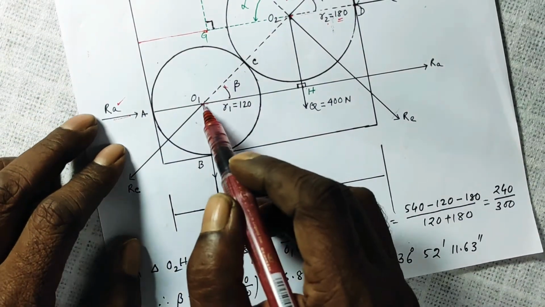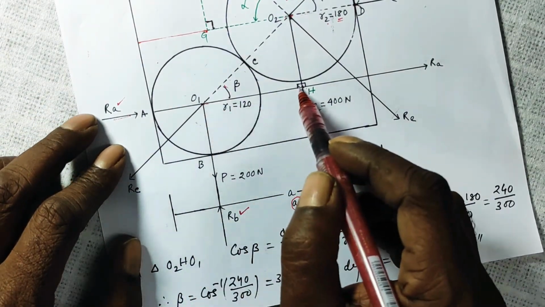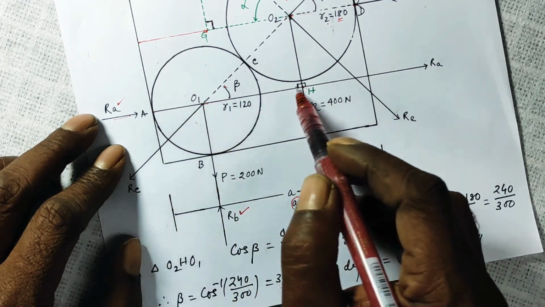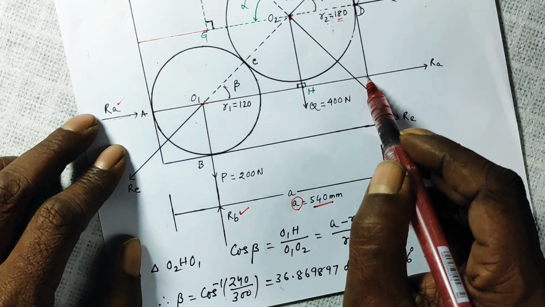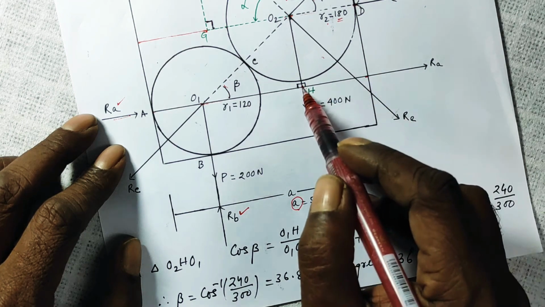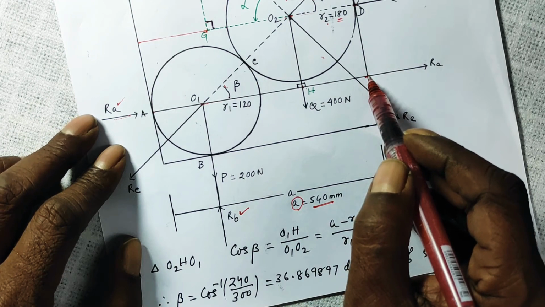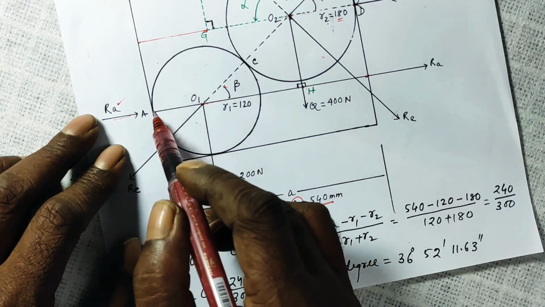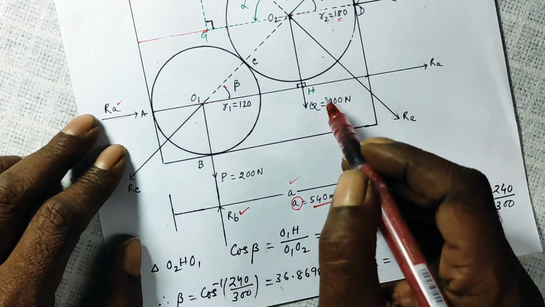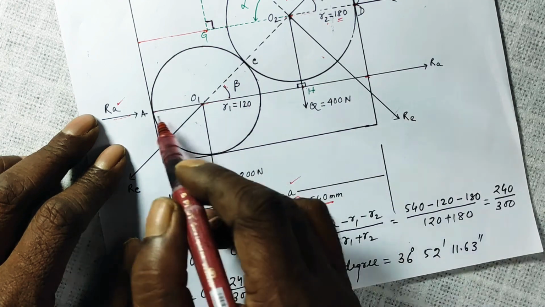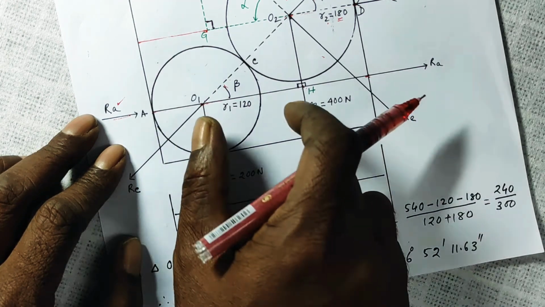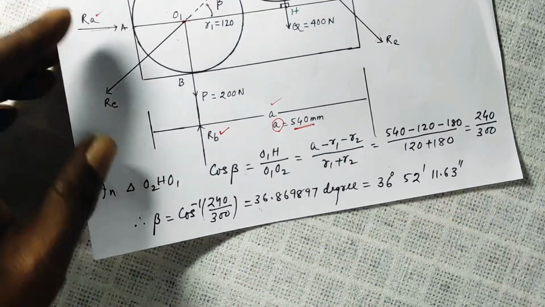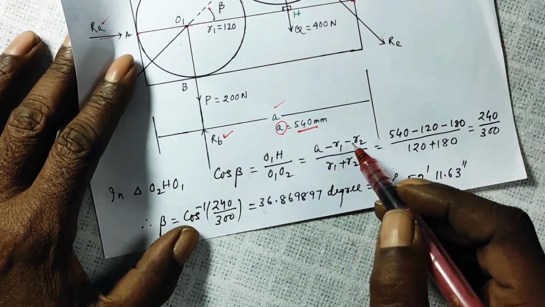Again, O1H, this distance, will be equal to this distance minus the radius of this, that is this much, again minus the radius of this, meaning this whole distance, that is A minus R2 minus R1, is equal to O1H. So your O1H is equal to A minus R1 minus R2.